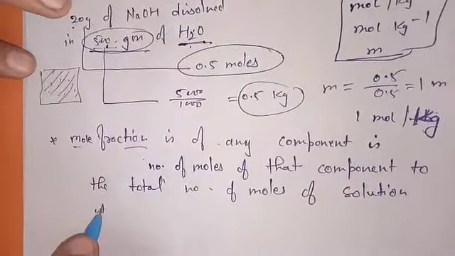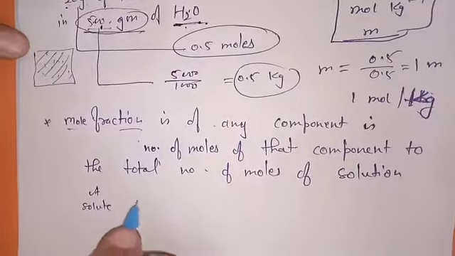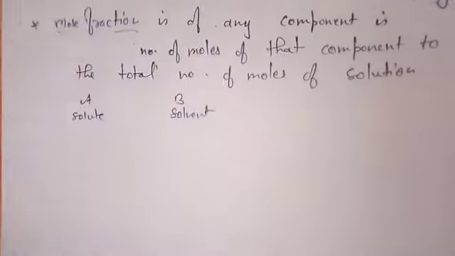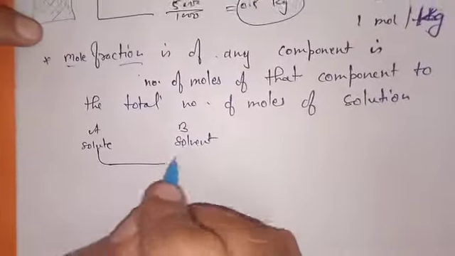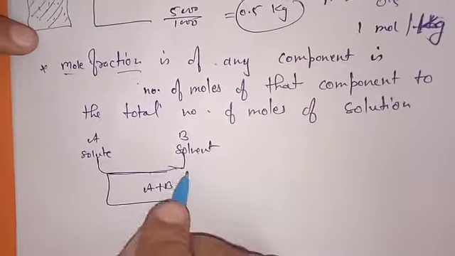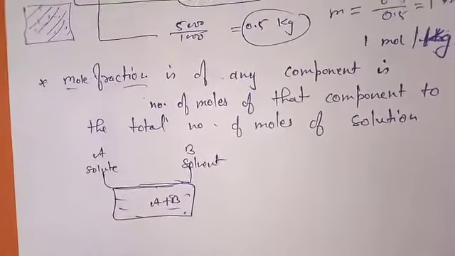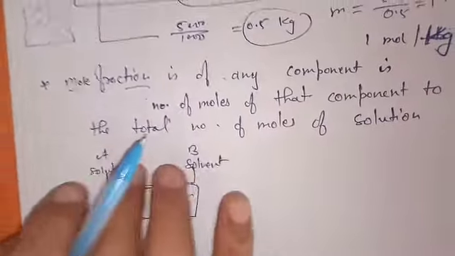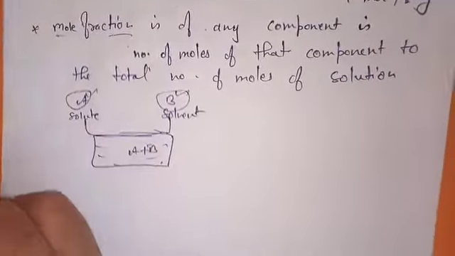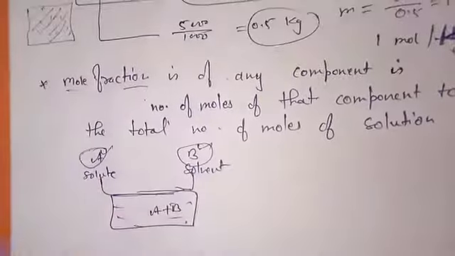Suppose we have taken A as a solute and B as a solvent. We mix them in some proportion and get a solution of A plus B. Now how will we calculate? We have been given the mass of both, and you will convert them into moles.